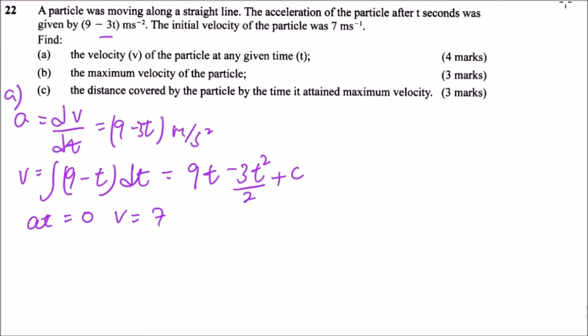Therefore, if we substitute in our function here, you find v equals 7, implying that velocity is equal to 9t minus 3t squared divided by 2 plus 7.